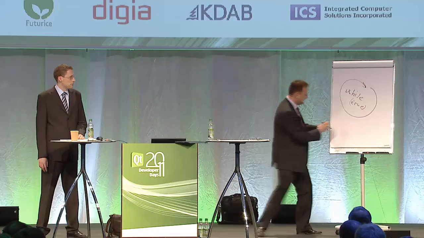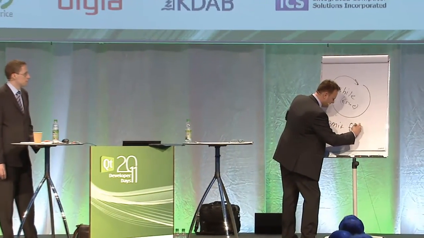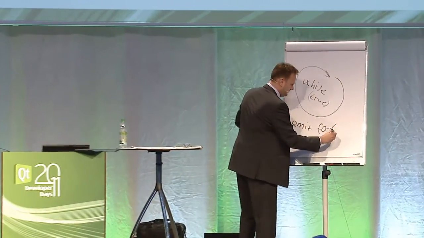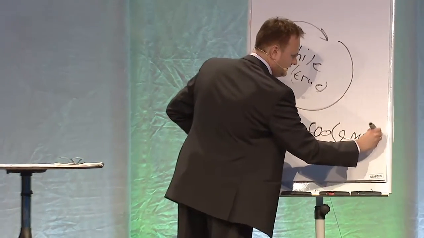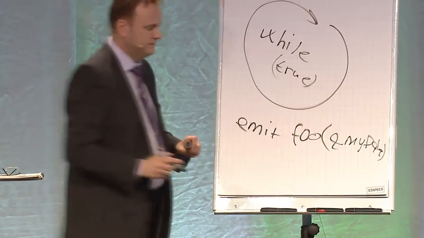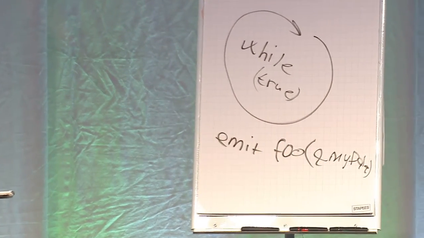In the past, you have grown into knowing and liking the fact that emitting a signal is nothing but executing the slot through a bit of pointer indirection. So if you have a line saying image foo with my data, that's an ampersand, in case you can't read that.